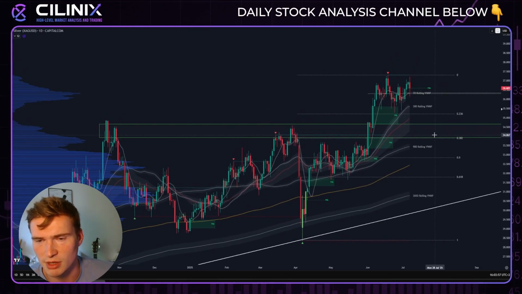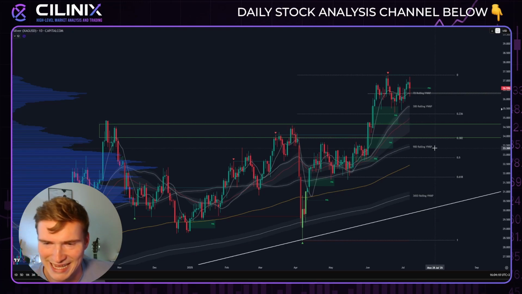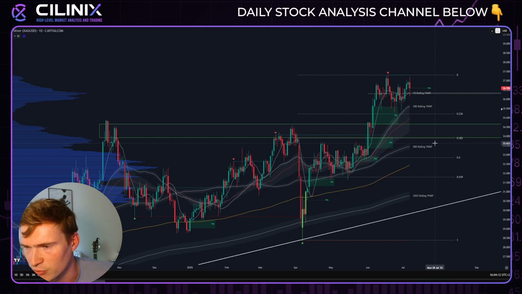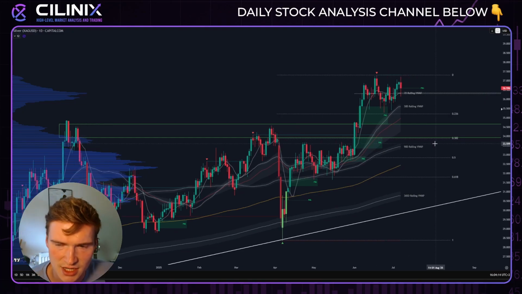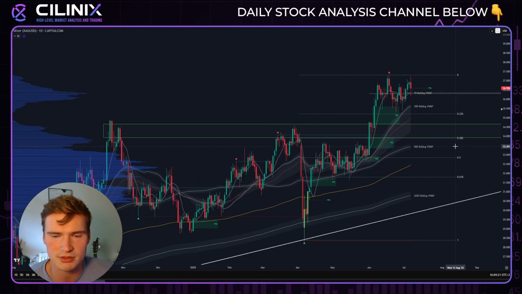So when I'm talking about entries, my favorite entry is based on imbalances left below the daily trend, which you can see, and a major support level right here. My ideal entry for the short term would be between 34.8 all the way down into the 90-day rolling VWAP at 33.6. That is where I will be accumulating my first silver. From there I'll probably DCA, but I'm not going to be greedy.